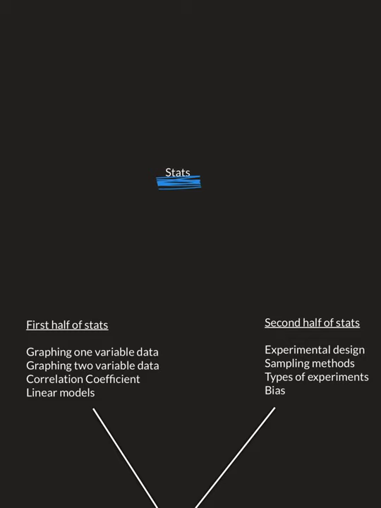Our two variable data, that was the scatter plots. And what we looked at with the scatter plots is correlation coefficient. And what that tells us is how closely our two variables are related to each other, how much they correlate. So if we remember, that number was between 0 and 1, and the closer you are to 0, the more they don't relate to each other, and the closer you get to 1, the more they do.